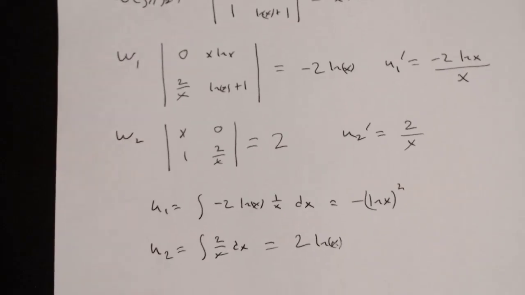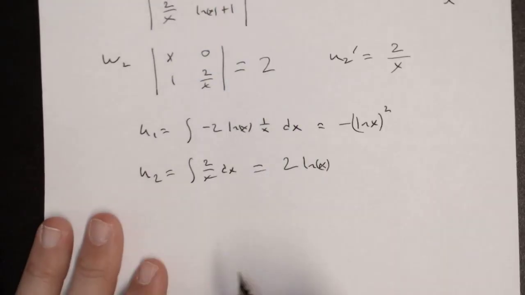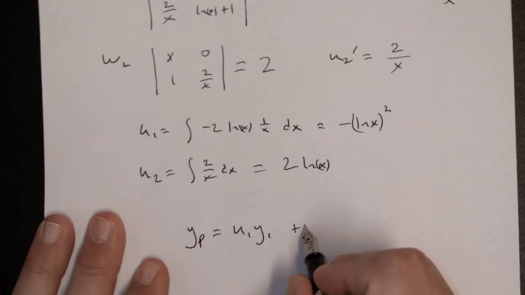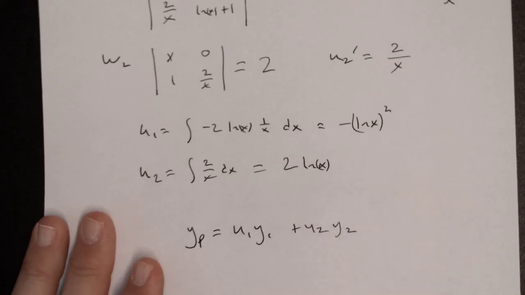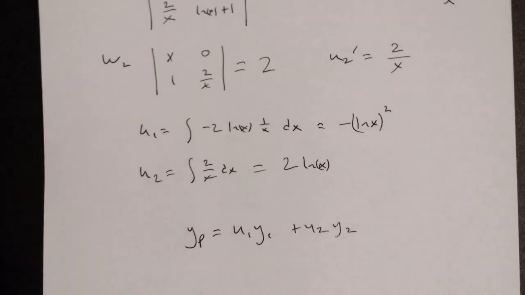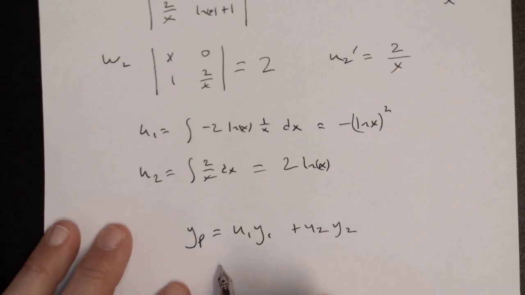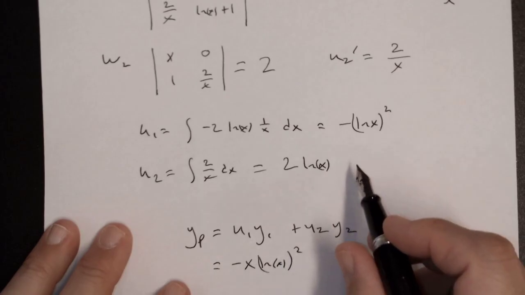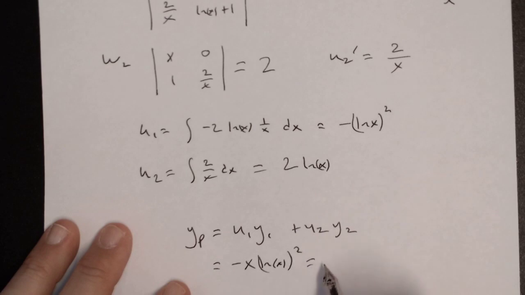And then the particular solution, yp, is u1 y1 plus u2 y2. Y1 was just an x. And u2 is 2 log x. What was y2?